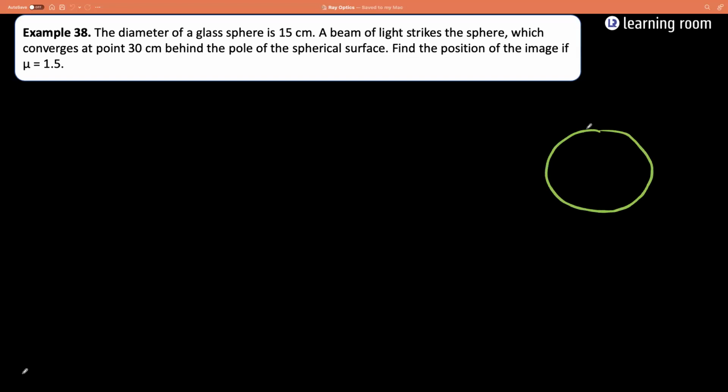You have a glass sphere like this, whose diameter is 15 centimeter. A beam of light strikes the sphere, which converges at a point 30 centimeter behind the pole of a spherical surface. So where is it going to be formed?